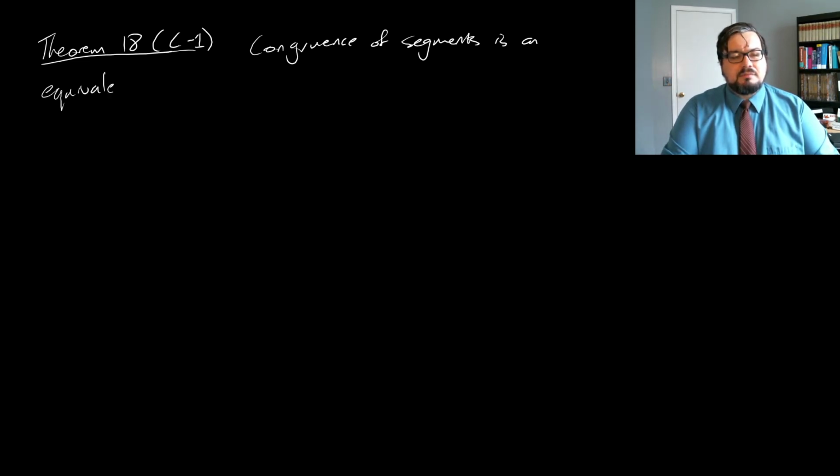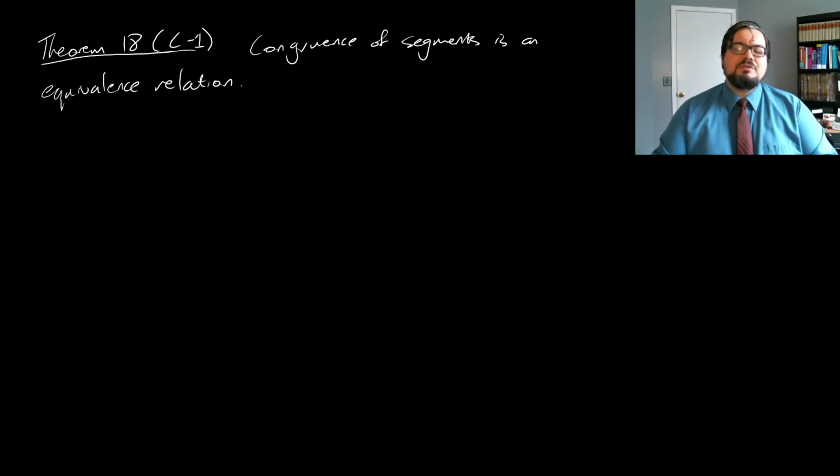And it says that congruence of segments is an equivalence relation. Now, an equivalence relation is a relation, a way of comparing two things, that behaves in three essential ways like equality.